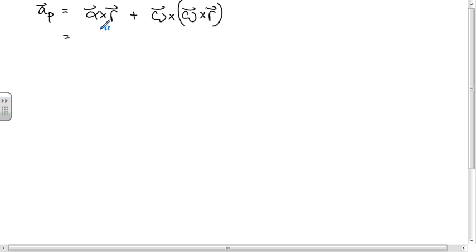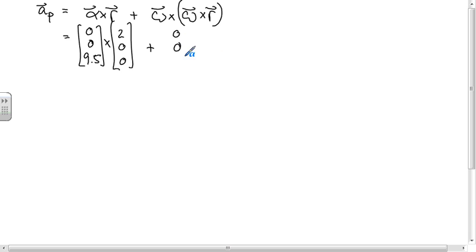The angular acceleration vector is 0, 0, positive 9.5. The r vector is 2, 0, 0. Angular velocity is 0, 0, negative 2.5.